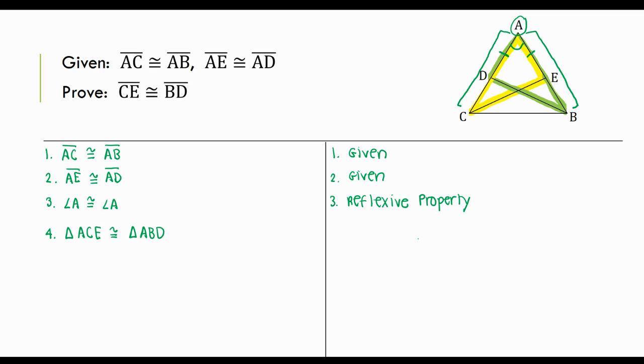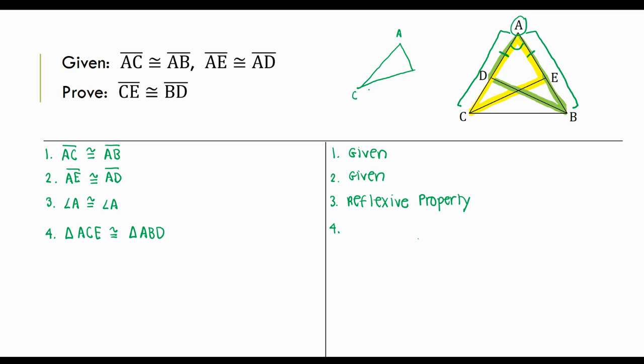ABD. Okay, so notice that the A's have to go in the same spot. C and B have to go in the same spot because of my first segments that were given congruent. And then notice that E and D have to go in the same spot because of the second set of segments that are congruent. All right, so if I'm looking at how these two triangles are congruent, let me redraw this one triangle.